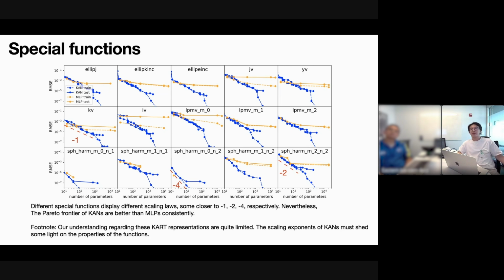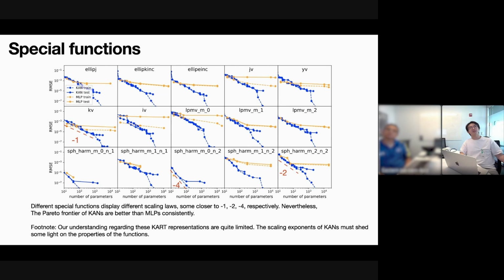but we are still trying to train CANs to fit these tasks, and we find that it does not always have the -4 scaling as the theory predicts, which agrees with our expectation, because we expected that these functions do not have exact Kolmogorov-Arnold representations. But nevertheless, the blue lines representing CANs are much better than the orange lines for MLPs.